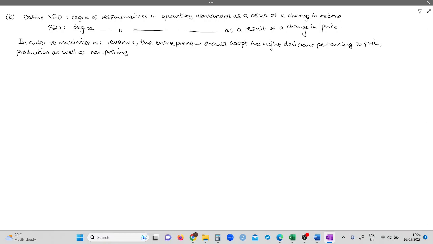This is quite logical. This is the aim of the entrepreneur. This is what they have to do. They need to come up with the right decisions, the right policies.